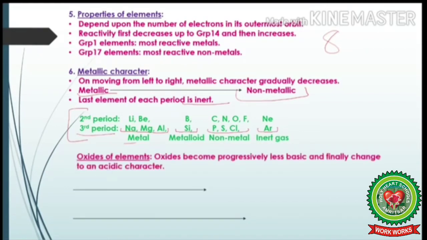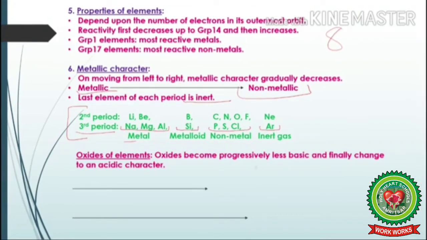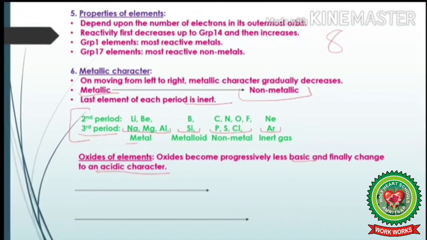Next is oxides of elements. As the metallic character decreases on moving from left to right along a period, oxides become progressively less basic and finally change to an acidic character.